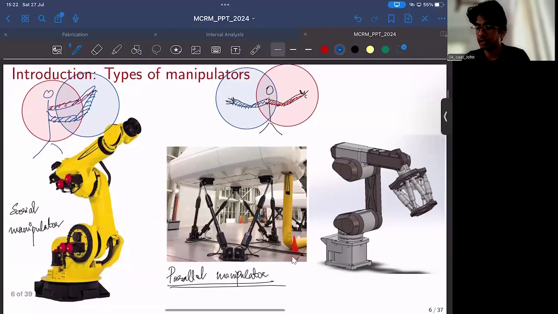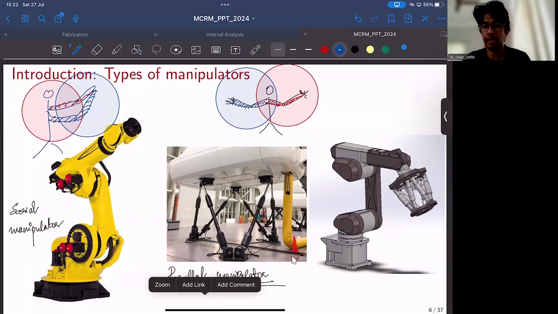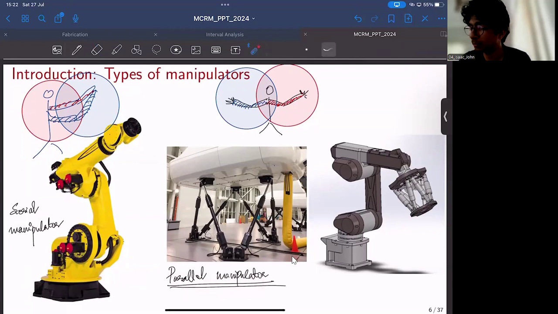Okay, so the reason is that when you have a parallel-like structure, for example, if you clasp both of your hands together, the total workspace will be the intersection of the two individual workspaces.